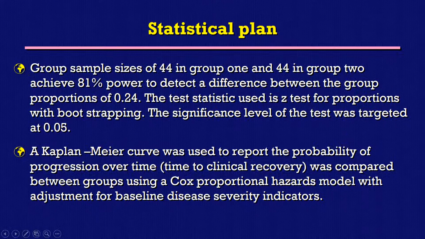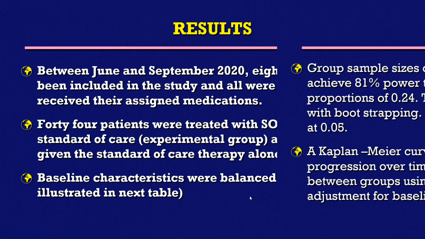The significance level of this test was targeted at 0.05. A Kaplan-Meier curve was used to report the probability of progression over time to clinical recovery, and was compared between groups using a Cox proportional hazard model with adjustment for baseline disease severity indicators.